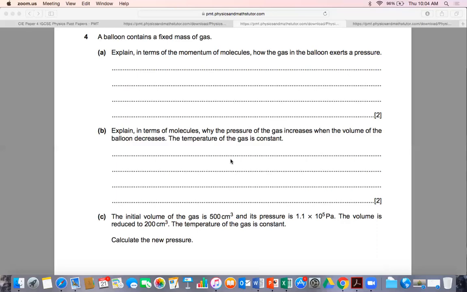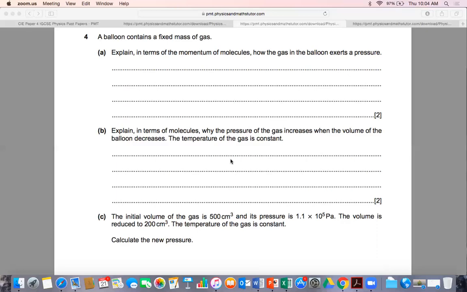Explain in terms of molecules why the pressure of the gas increases when the volume of the balloon decreases. The temperature of the gas is constant. So when the balloon gets smaller, why does the pressure increase? Because then the gas molecules will collide more.